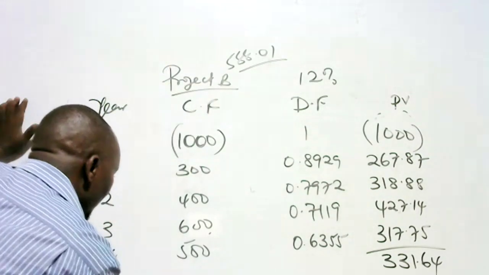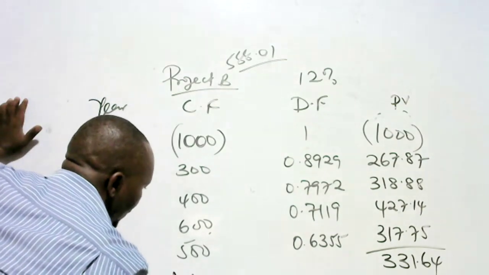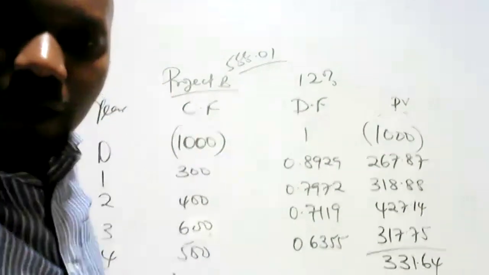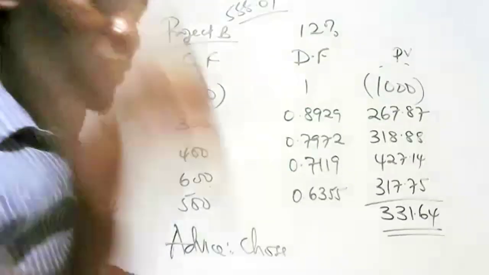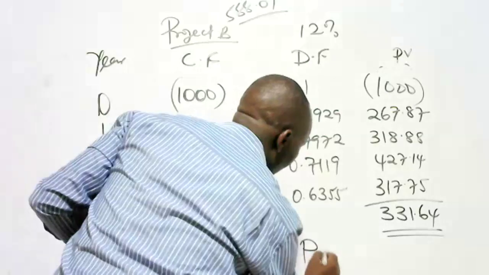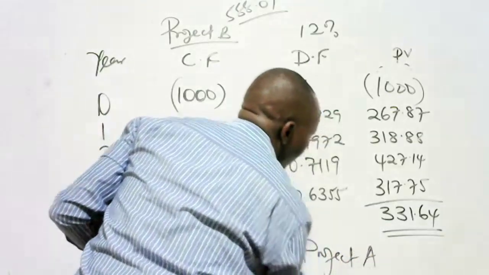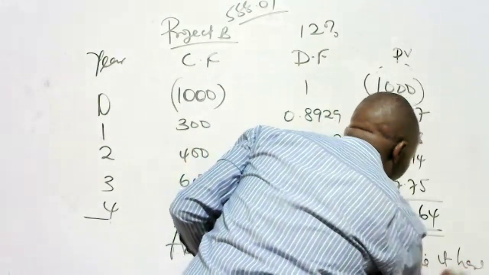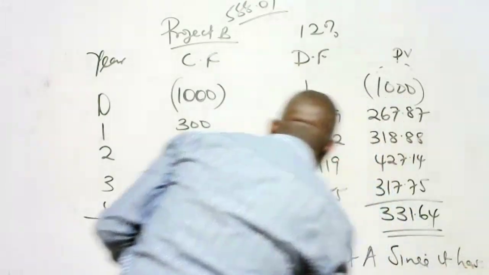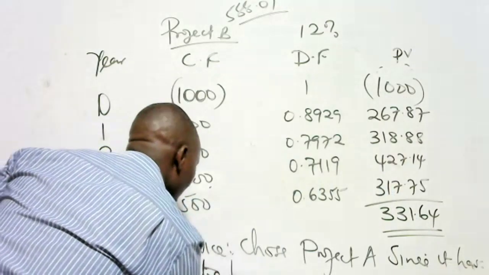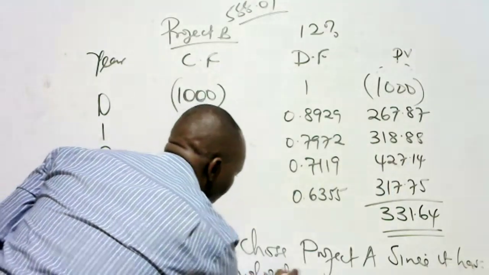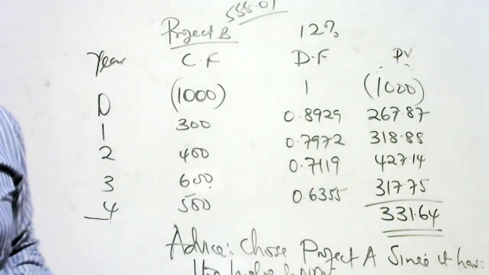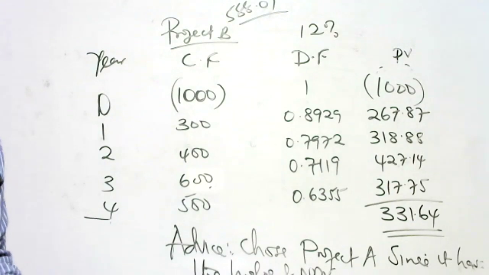Then you say otherwise, choose project A, since it has the highest NPV. That's the highest NPV. So I think we can stop there.